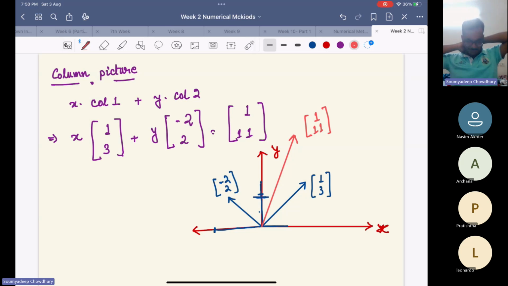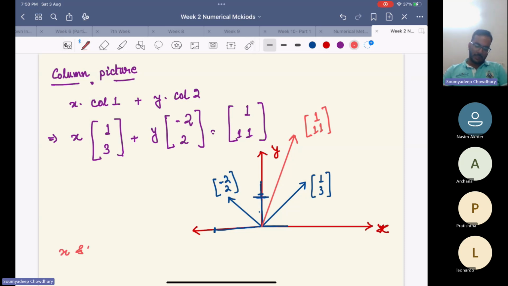Now what is it trying to represent? Just think about it. This x and y is the right set of coefficients which, when multiplied by these two vectors, gives you the RHS vector. If you can find a coefficient which, multiplied by (1, 3), and then added with (-2, 2) multiplied by its coefficient, gives you this RHS vector, that is the value of x and y here.